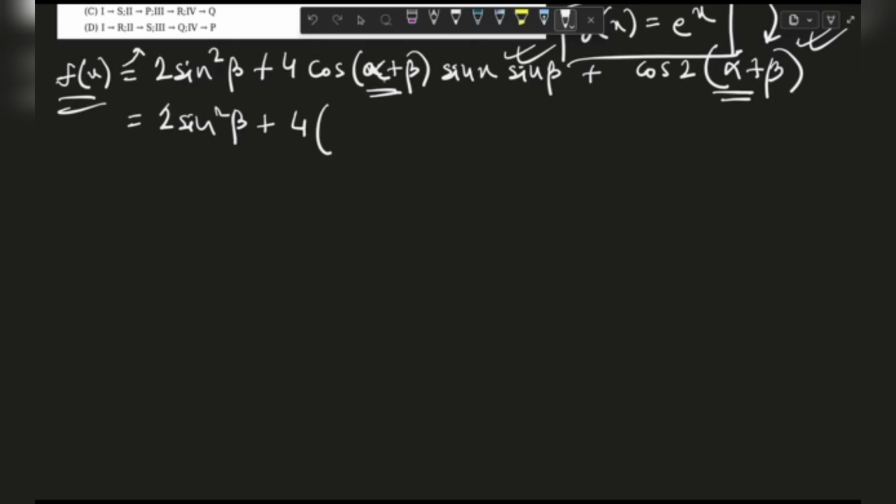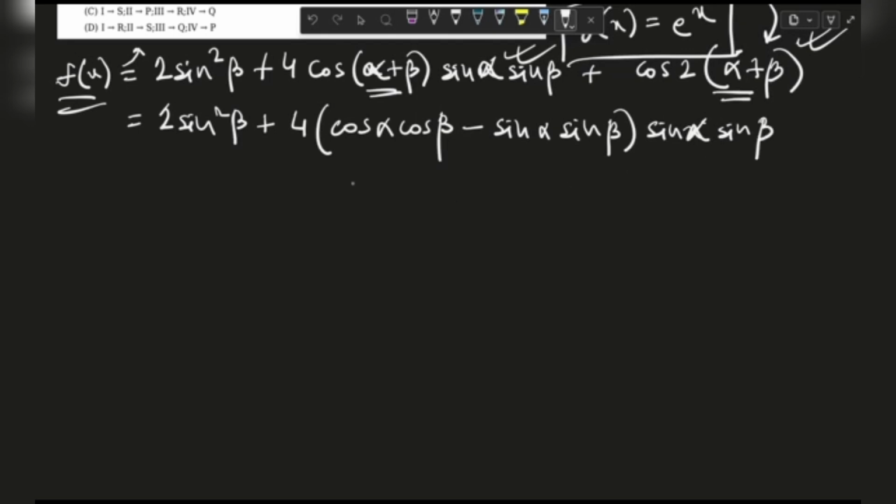But anyways. So let's write out cos alpha plus beta as cos alpha cos beta minus sin alpha sin beta. And this is multiplied by this sin, okay, this is also alpha, sin beta, plus cosine 2 alpha cosine 2 beta minus sin 2 alpha sin 2 beta.